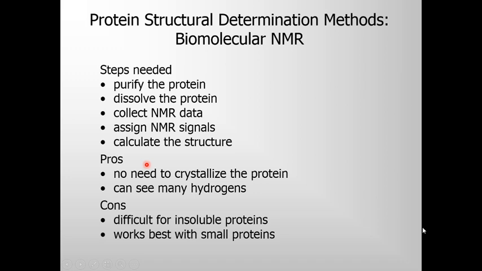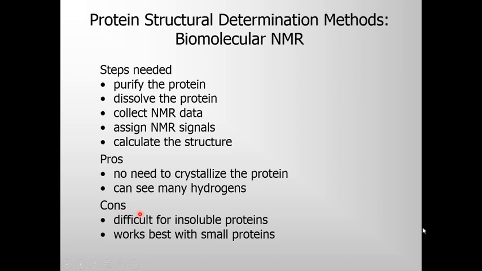The pros are no need to crystallize the protein. That is a big positive. It can see many hydrogens. And in addition to neutron diffraction, where you can see hydrogens from a crystal, this technique, which can see hydrogens from solutions, is employed.